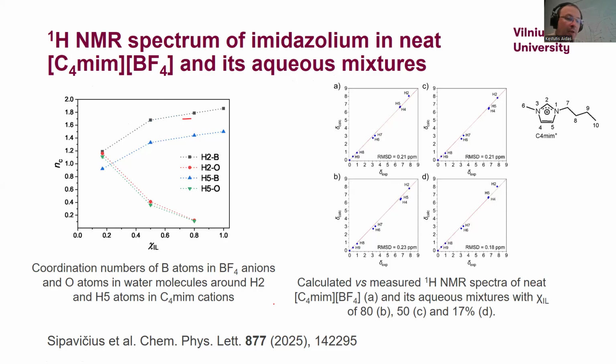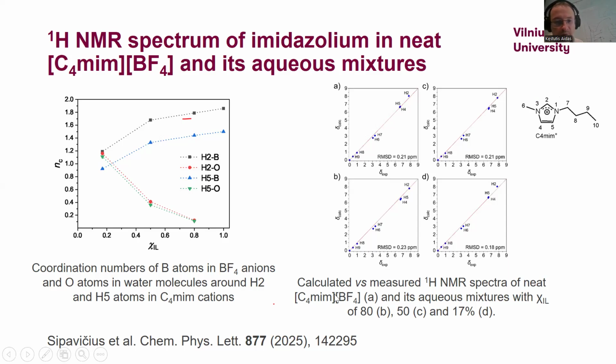Now, this ionic liquid is a little bit special in a way that if you scan the chemical shift of the proton at the second position by changing the composition of the aqueous mixture, this chemical shift turns out to be basically insensitive to the molar fractions of water and the ionic liquid in the mixture.